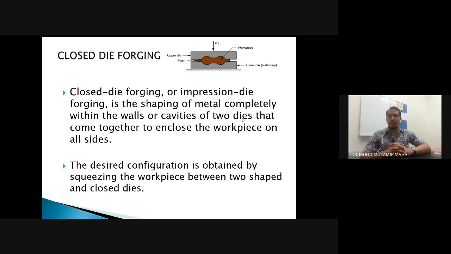So here, if you can see the figure on the top of our presentation slide, there are upper and lower dies, and the workpiece is positioned in between the two dies. We can see that the lower die is stationary, and once we put some force from the top to down, there will be a flash.